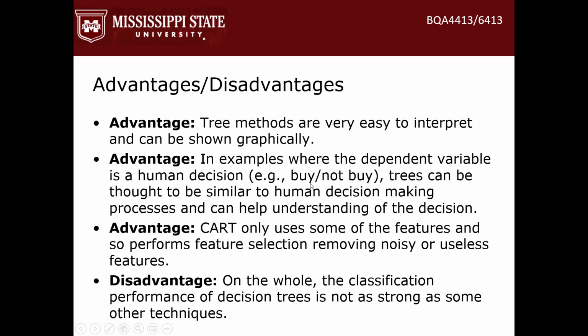Okay, so what are some advantages and disadvantages of tree methods? Well, they're probably even easier to interpret than regression, and certainly easier than discriminant analysis, because we classify based on values of your independent variables. And this is a little bit into psychology: it's similar to how humans make product decisions.